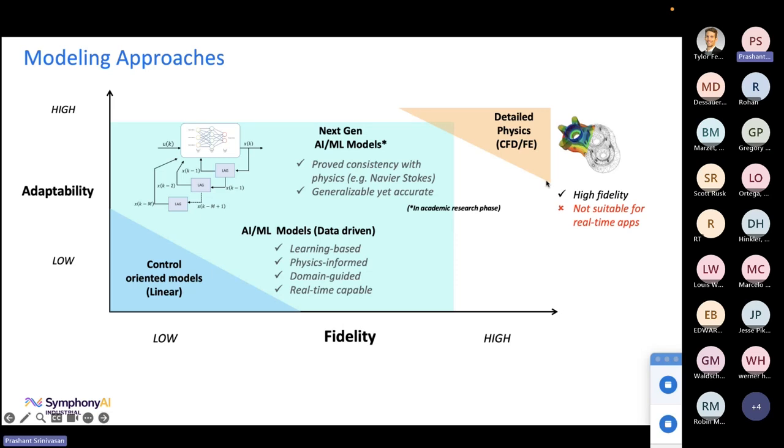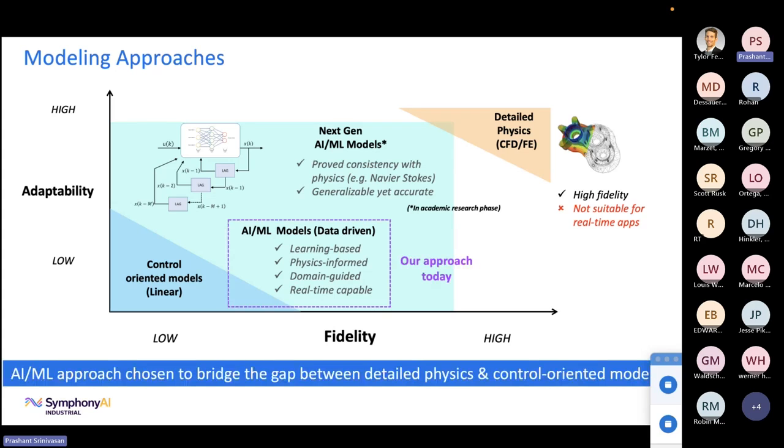So what we are doing here is looking at how we can build a model to predict the performance of the furnace and then use that to optimize certain set points and also control the furnace in a more optimal manner so that you are able to get the best efficiency, throughput, as well as quality.